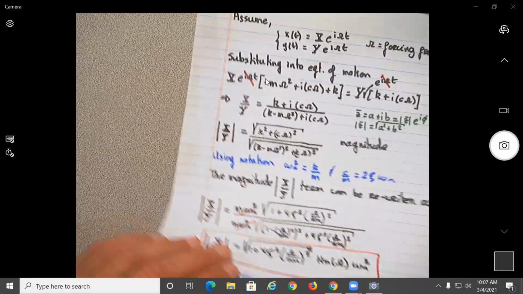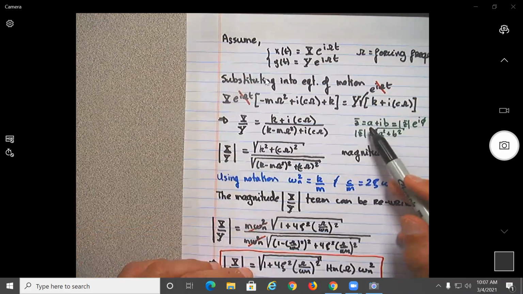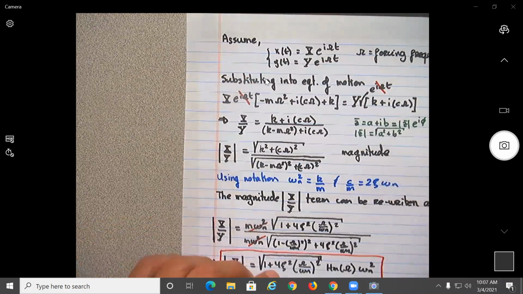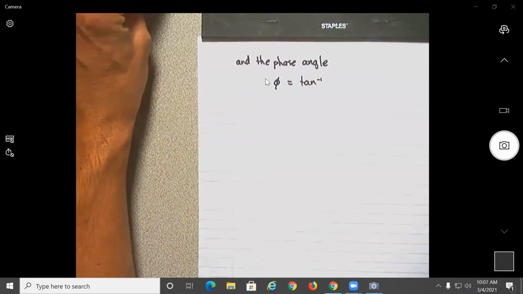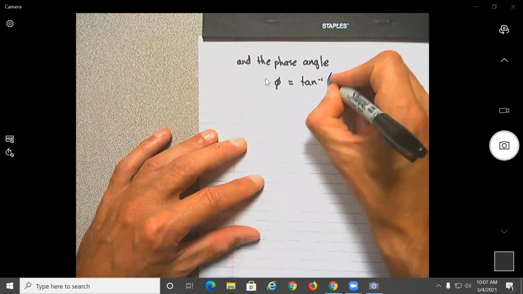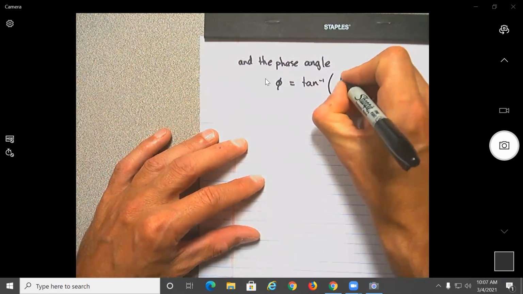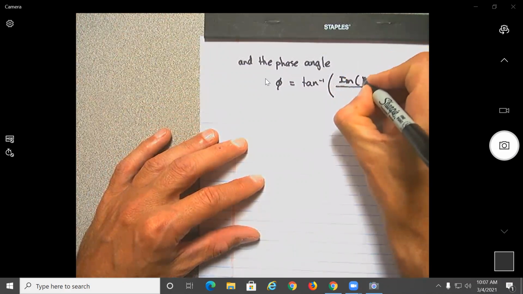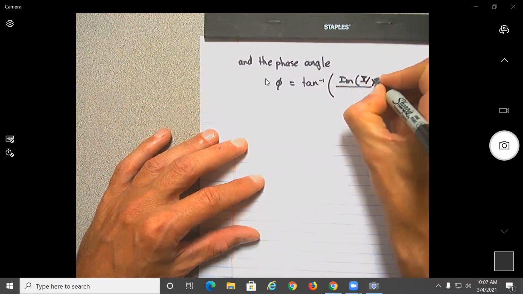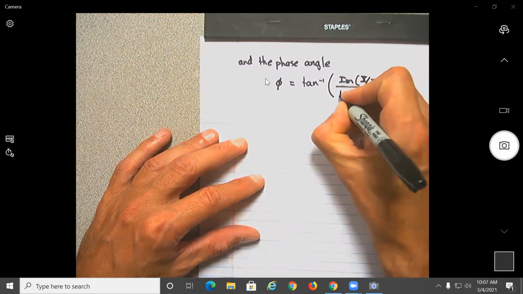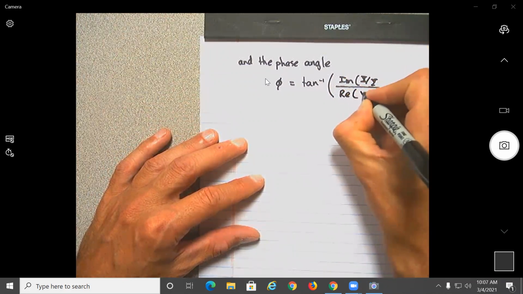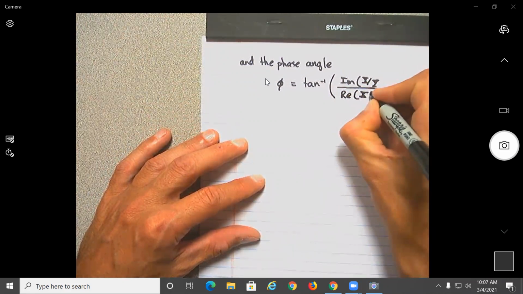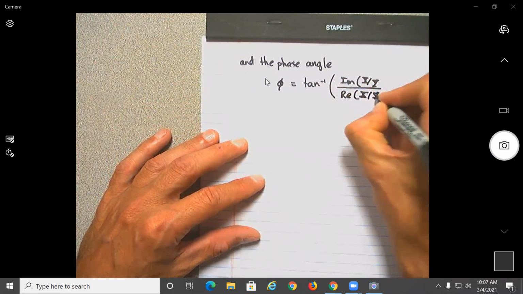So b is the imaginary part and a is the real part. So instead of writing the whole equation, I'm just going to write that this should be the imaginary part of x over y divided over the real part of x over y.